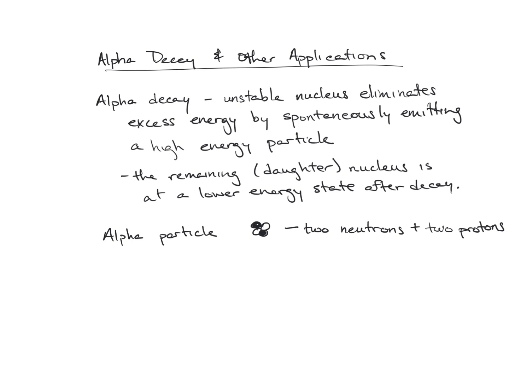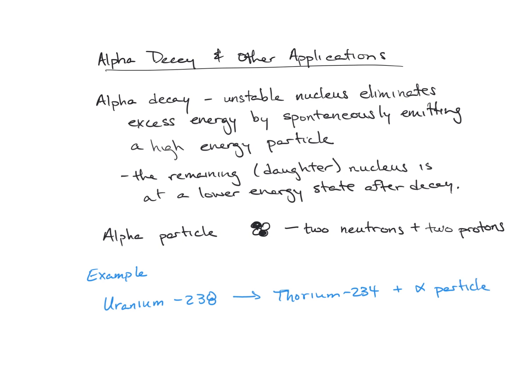So I'll give you an example here of an alpha decay. You could have uranium, and specifically uranium-238, that then becomes thorium-234 plus an alpha particle.